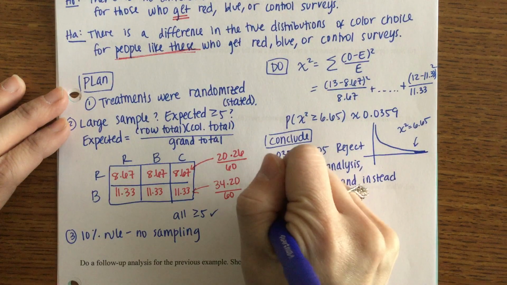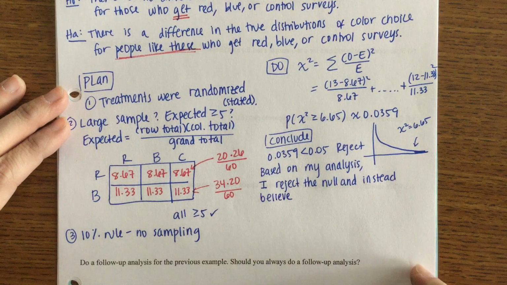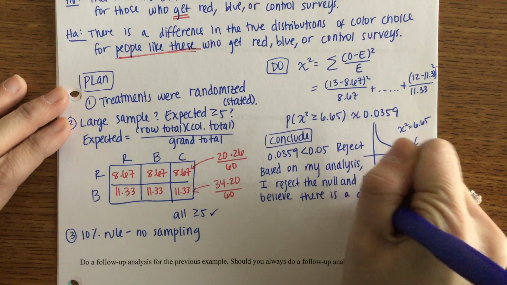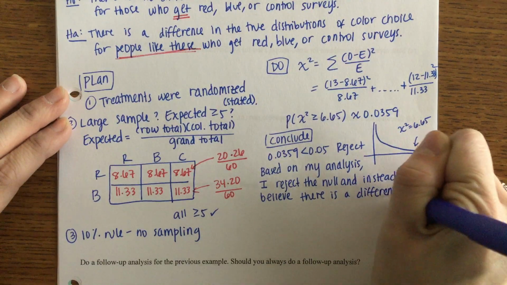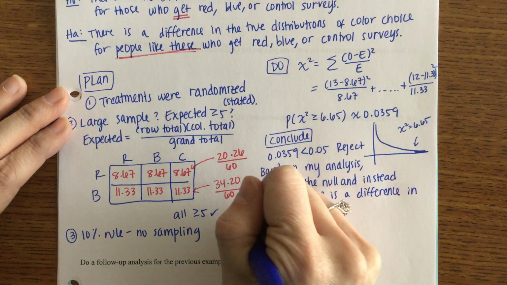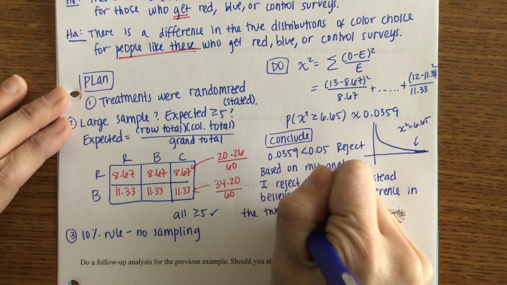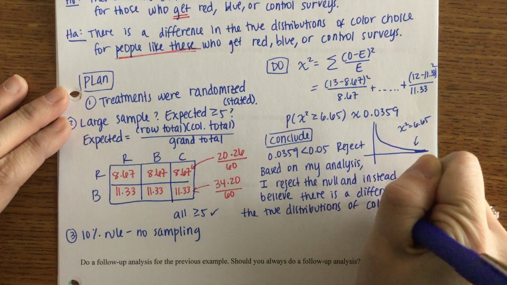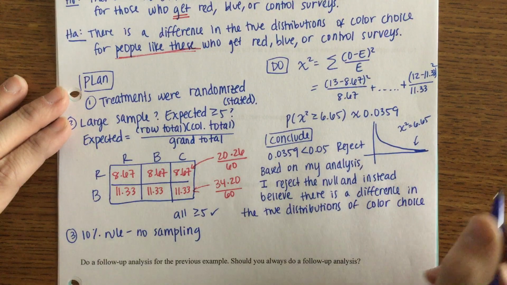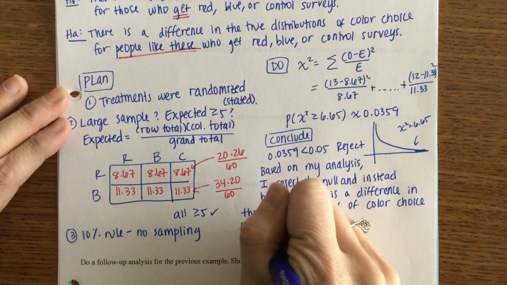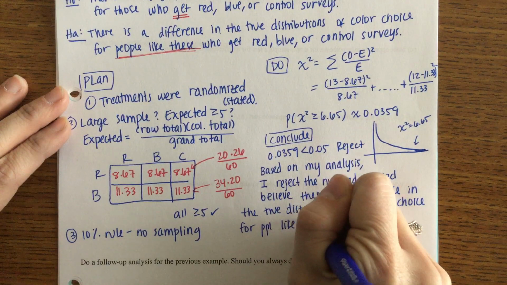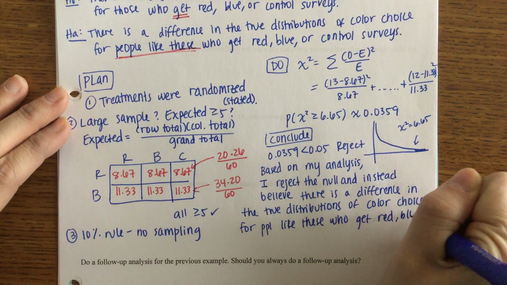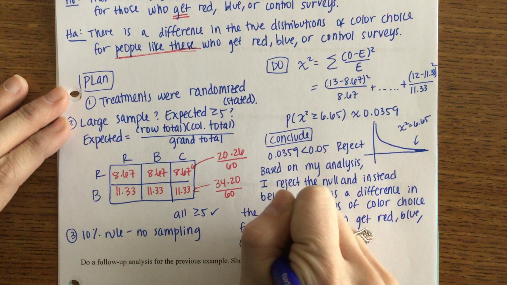And instead believe there is a difference in the two true distributions of color choice for people like these who get the red, blue, and control surveys.